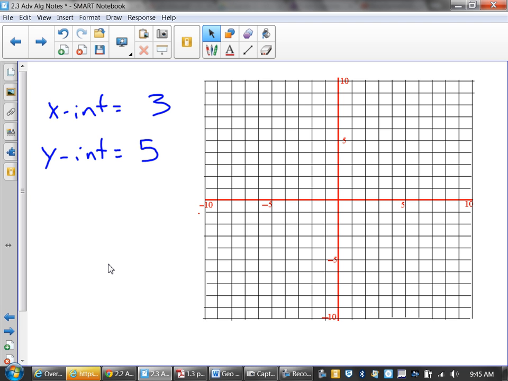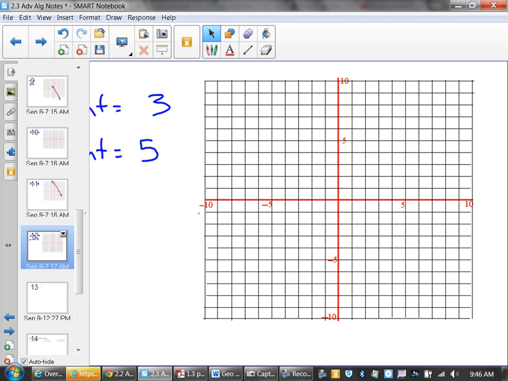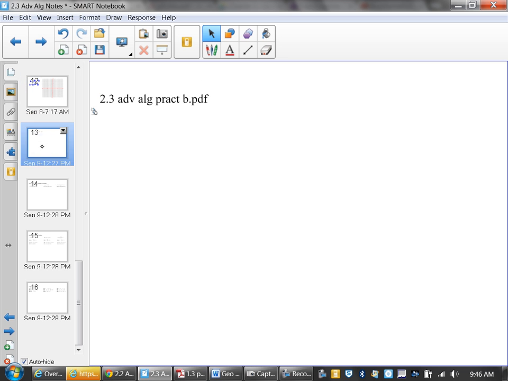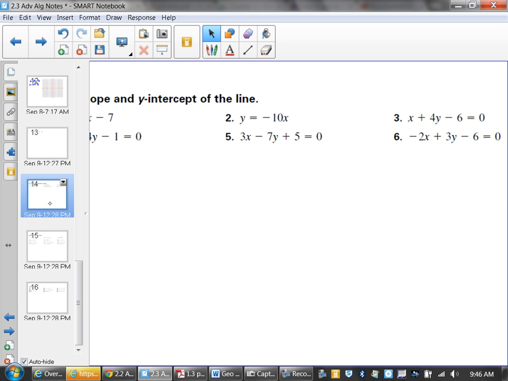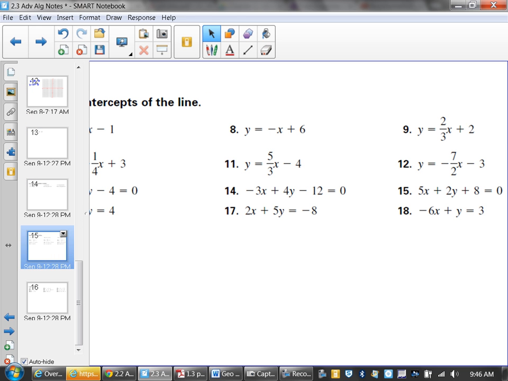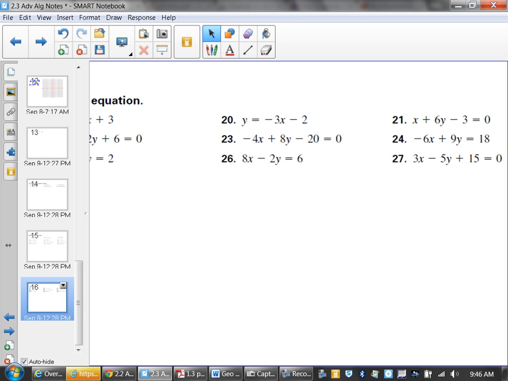Where do you think you put your x-intercept? Where do you put your y-intercept? Okay. Yeah, that's enough. Quick graphs are rather simple.